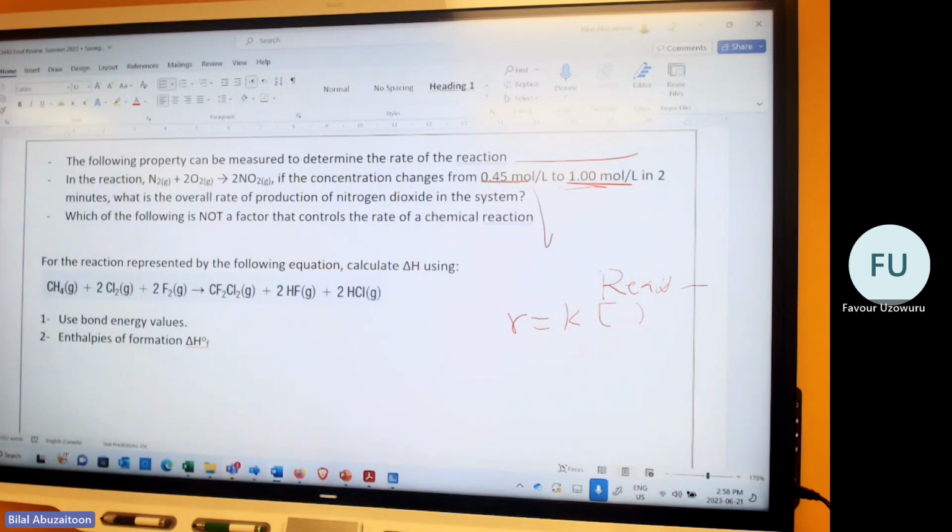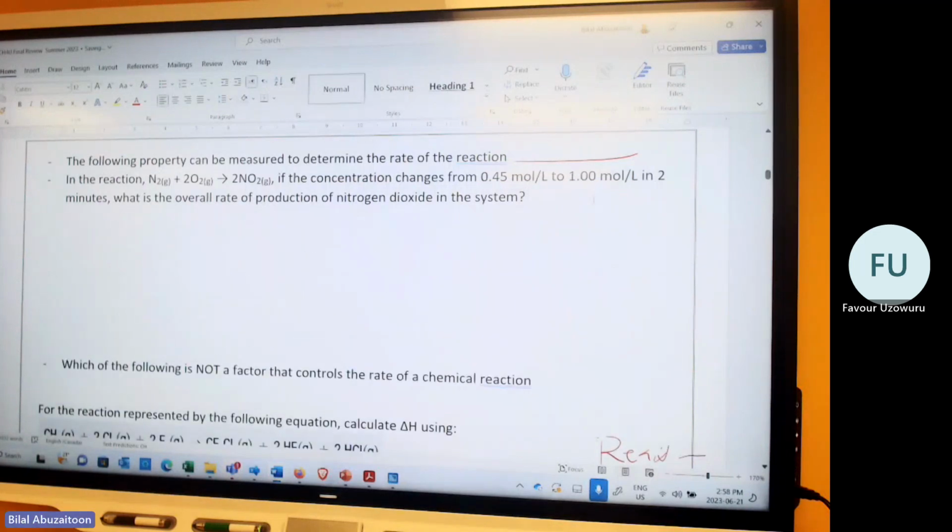Mole per liter is the unit of what? Molarity. That's right, the molar concentration. So delta change in the concentration equals 1.00 minus 0.45. And delta T equals the time, in 2 minutes.